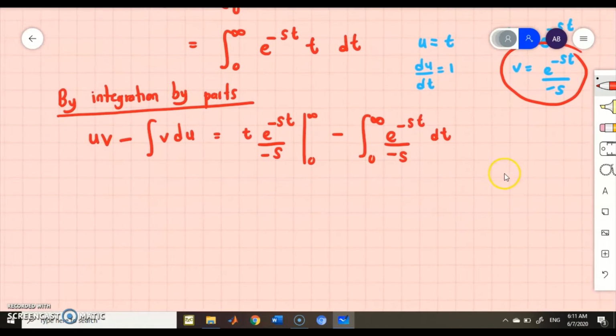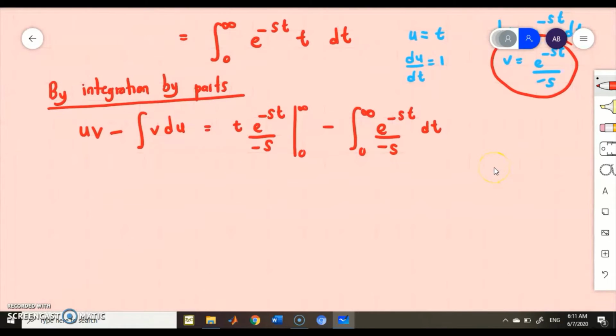Okay, this is easier now to solve. I'm not going to apply the limit first, just put it here like that. So t exponent negative st over negative s. This is from 0 to infinity. Okay, we have to transform this to a limit.